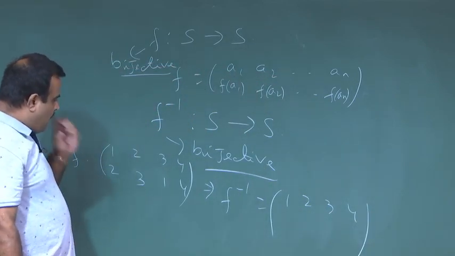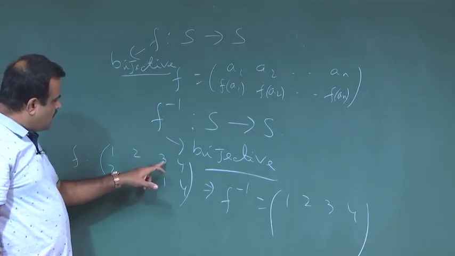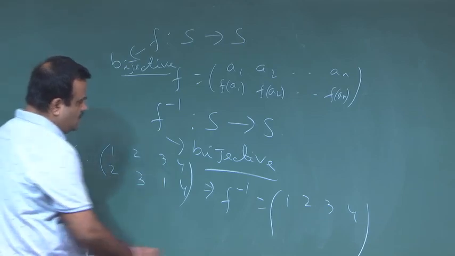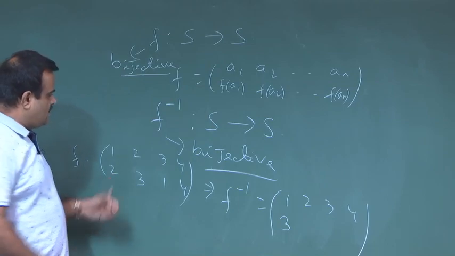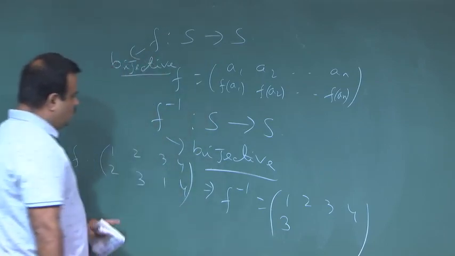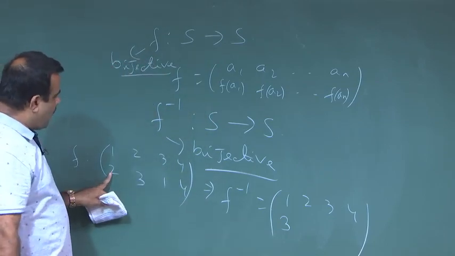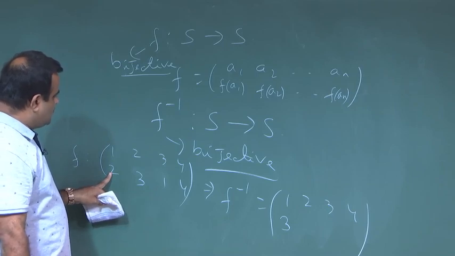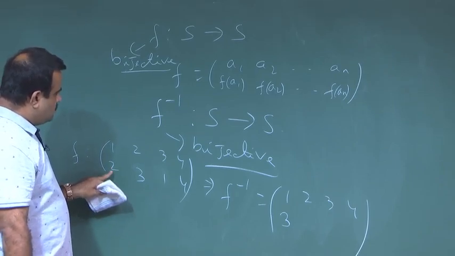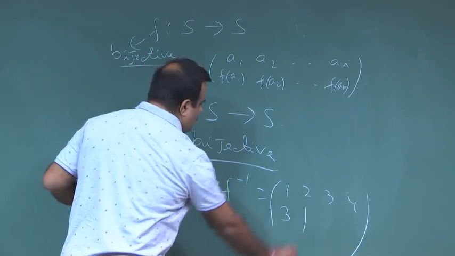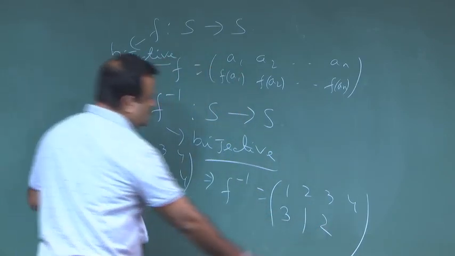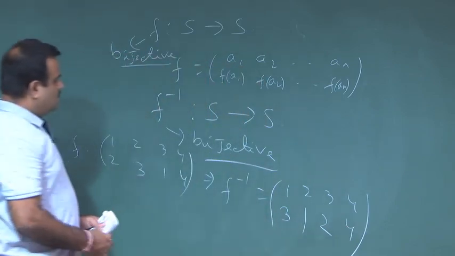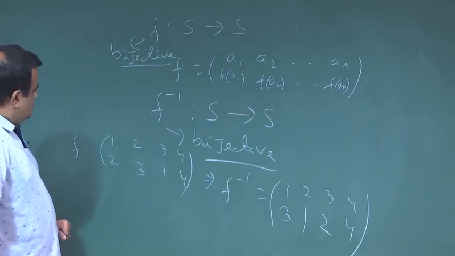Who came from 1? 3 came from 1, so 1 is going to 3 under f inverse. 2 came from 1, so 2 is going to 1. 3 is going to 2, and 4 remains unchanged. So this is basically our f inverse.